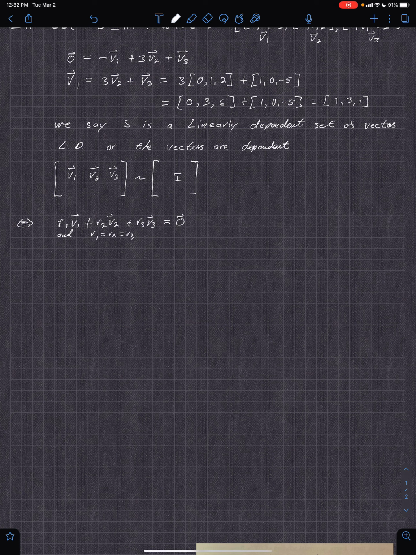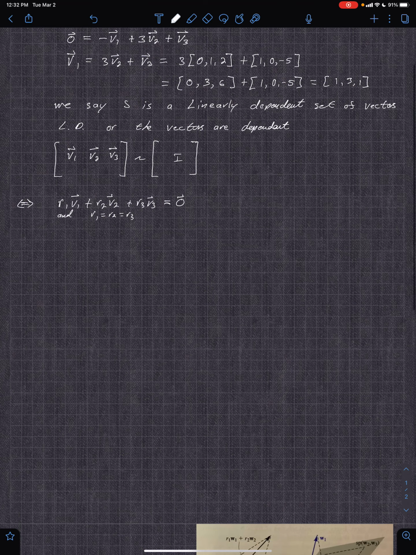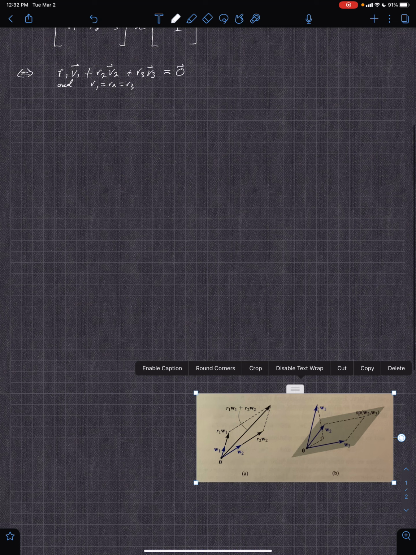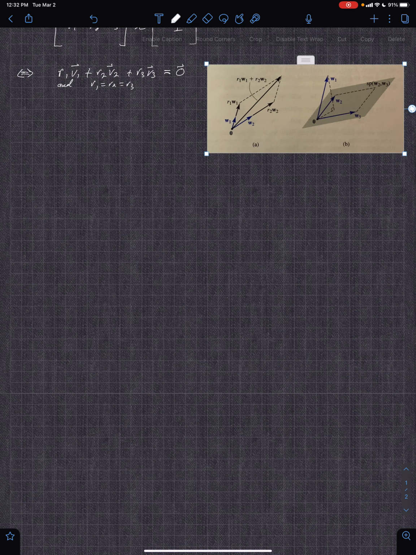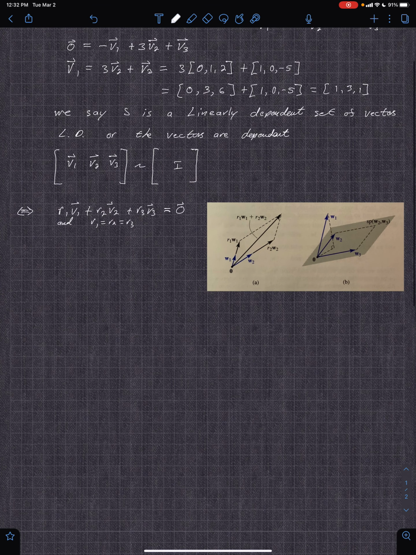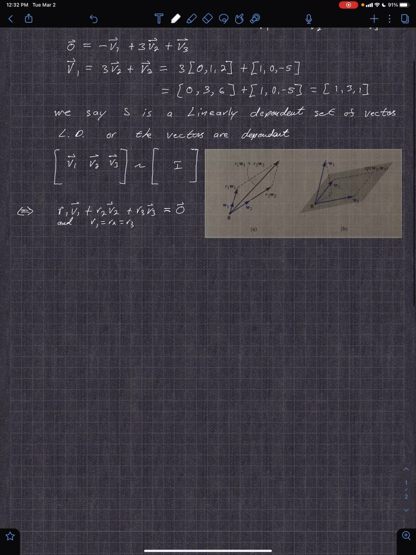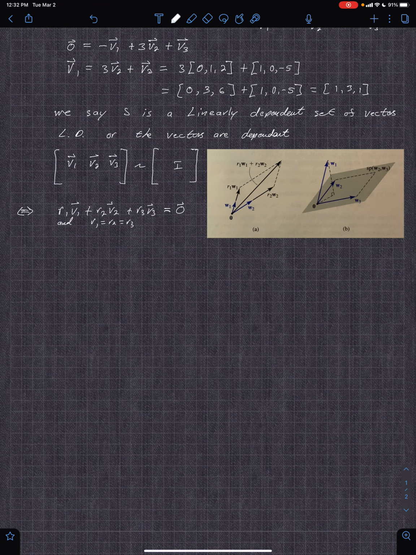And I'm demonstrating with a 3x3 system in R3. So what you get then for linear dependence and independence looks like this. And this is something we would have seen before in Calc 3, or multivariable calc.